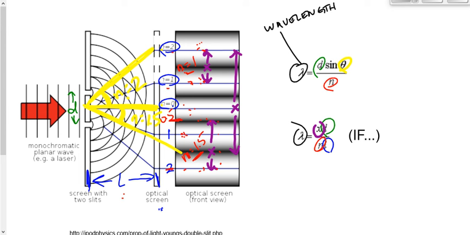Now, one final thing before we do an example question here. I've got a big if, and it is a big if. It's capitalized, so it must be a big if. This bottom equation, gentlemen, is not truly correct.